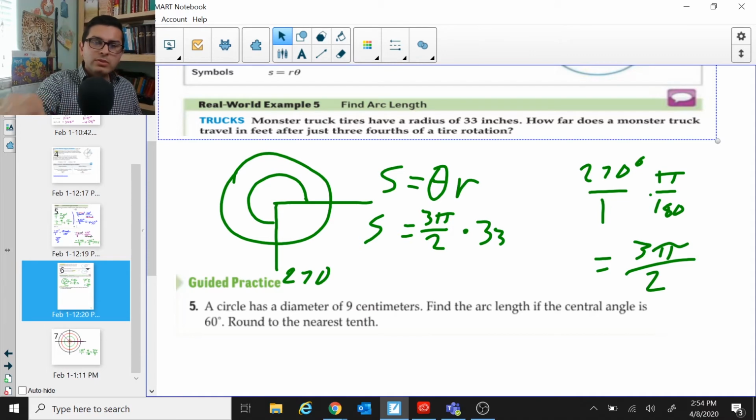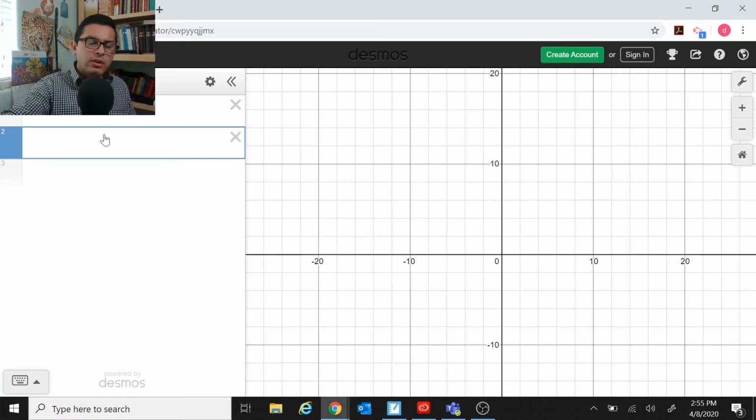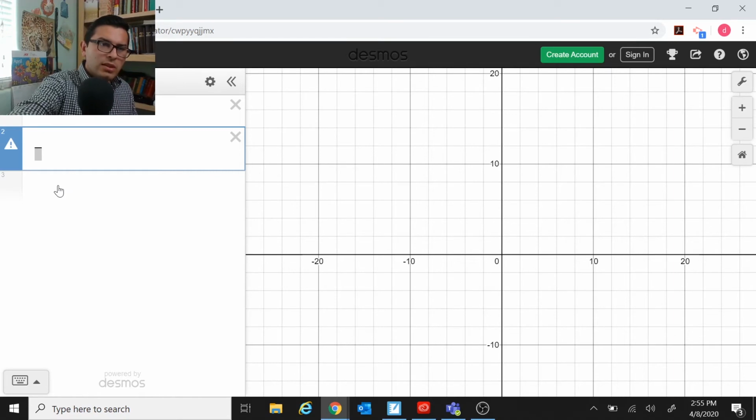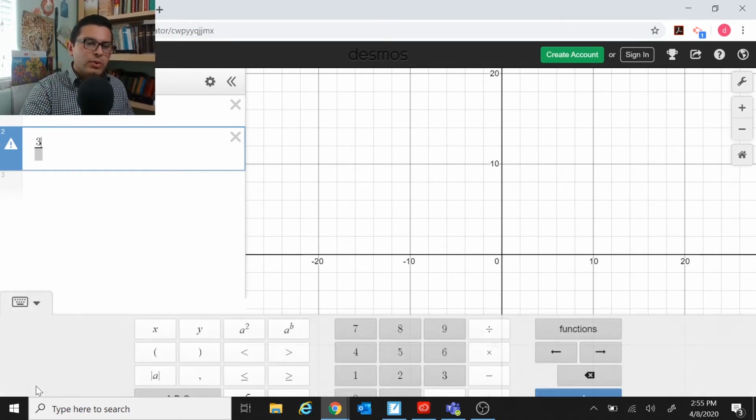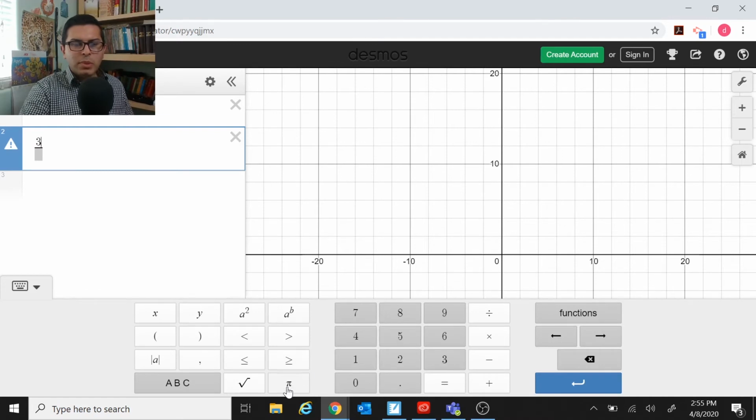So we're going to type this into our calculator and we're going to find out what our arc length is. 3 pi over 2 times 33. In our calculator, if you notice, if you press the divide button, it gives you a fraction straight away. That will be very handy. So we're going to say 3, but where is our pi button? Well, if we hit this keyboard here, we will see that there is a pi button right there.